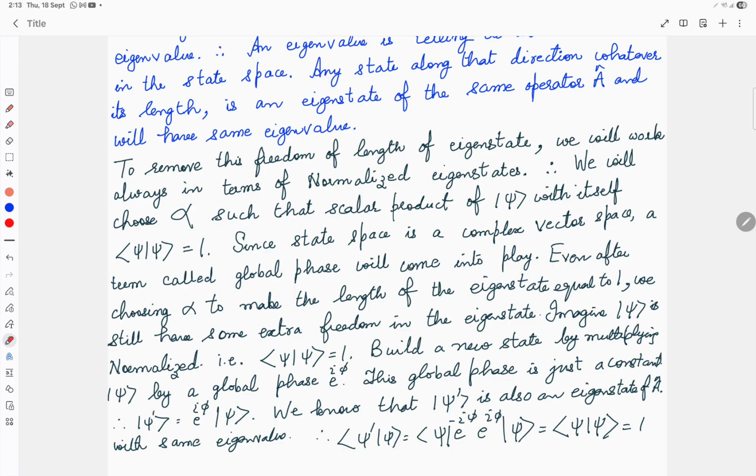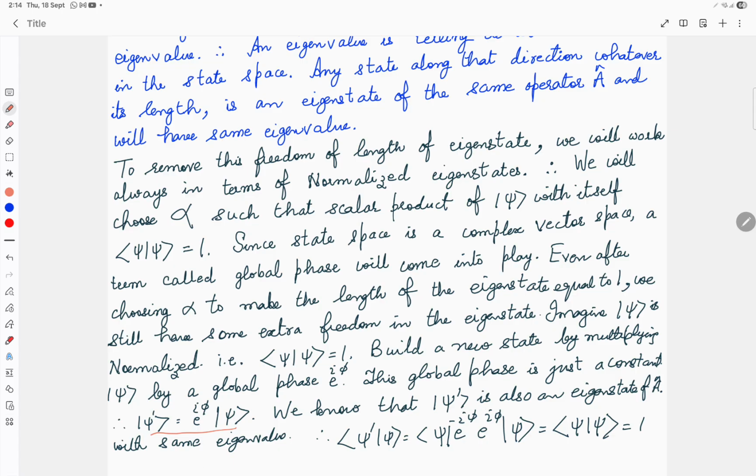If we change the state of the quantum system so that there is a multiplication of a global phase with the initial state, then ket psi dash is also an eigenstate with the same eigenvalue.